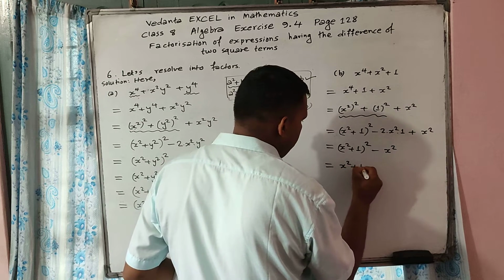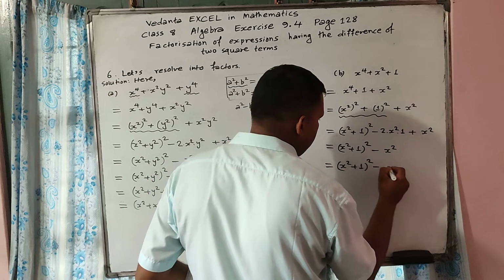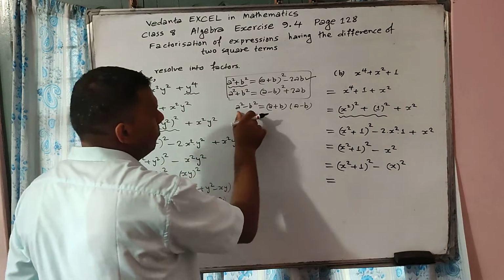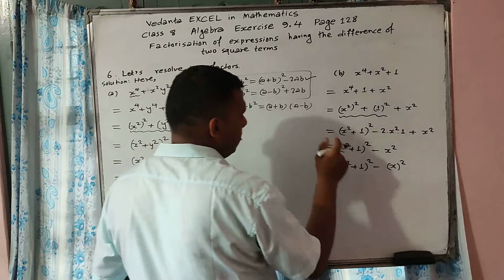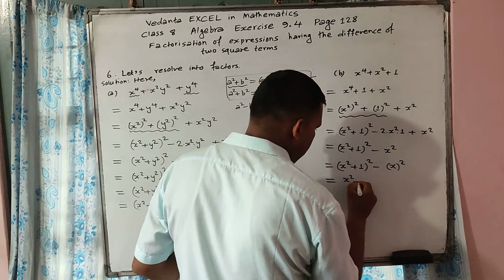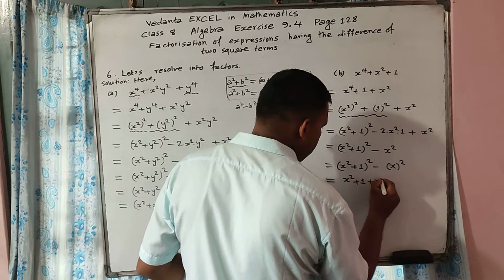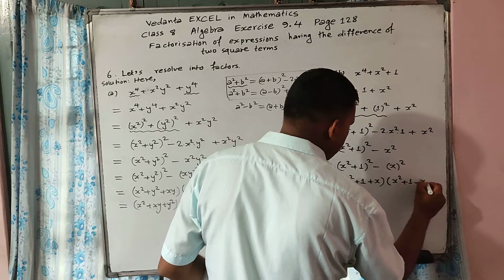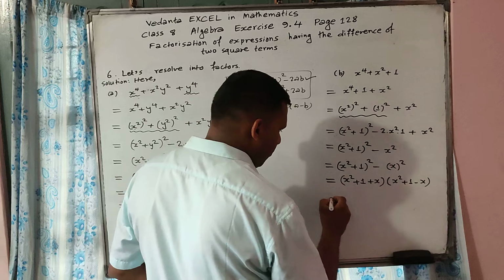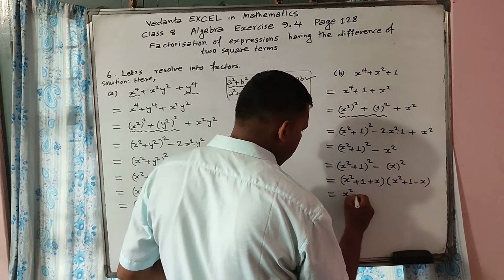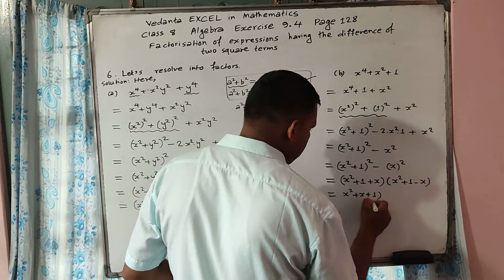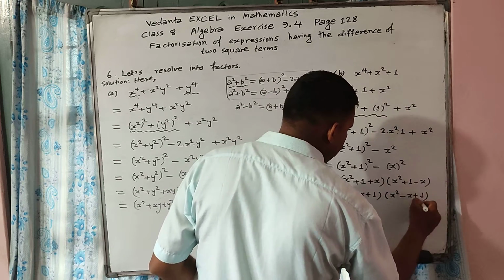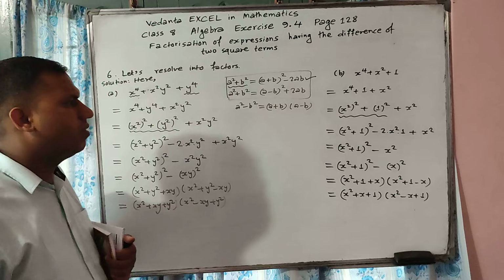Is equal to x square plus 1 whole square minus x square is x whole square. Now it goes to a square minus b square form using formula a plus b, a minus b. So x square plus 1 plus x and x square plus 1 minus x. And writing x in the middle position, we can get x square plus x plus 1 and x square minus x plus 1. This is the factorized form.